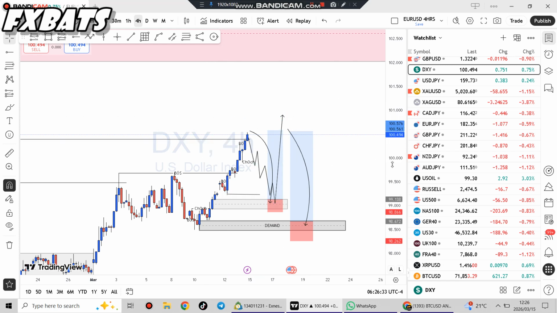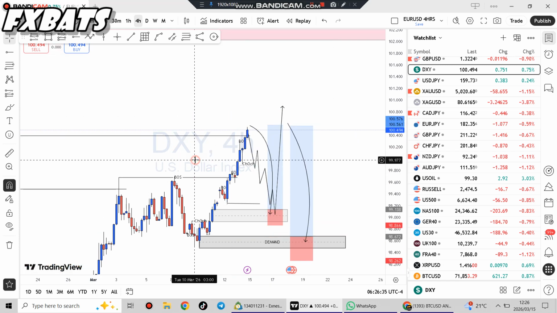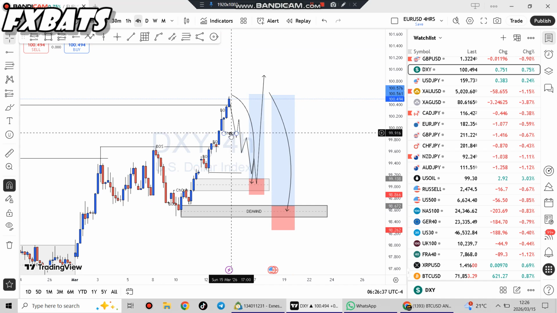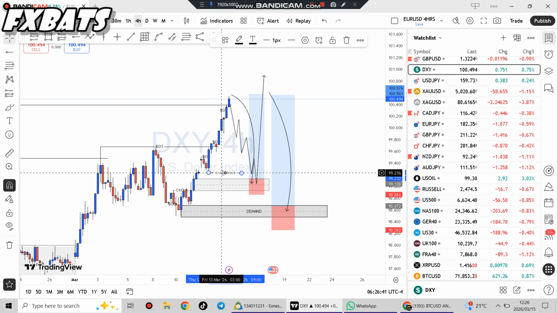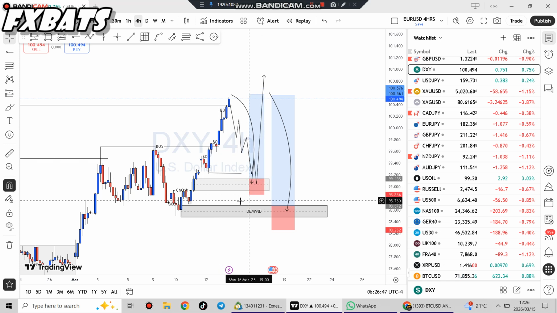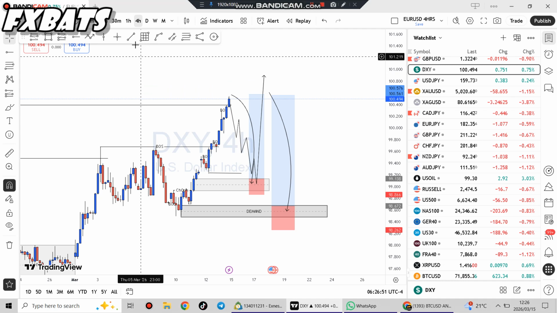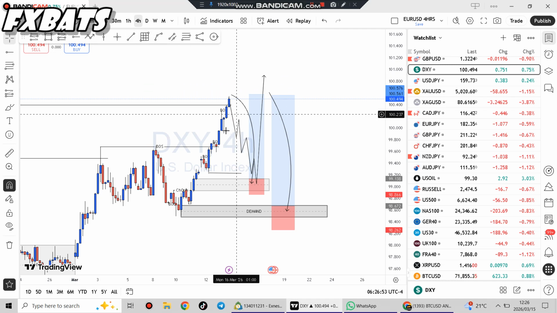So on H4, this is the setup I'm expecting: for price to first come on its way to grab this internal range liquidity, and I'm expecting it to mitigate these two areas of demand.